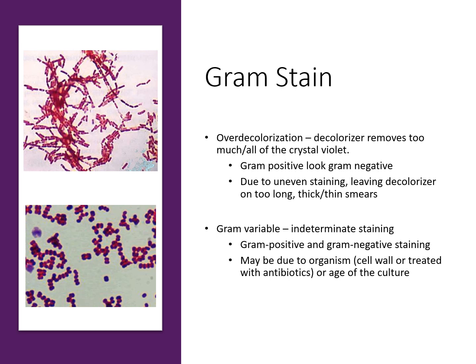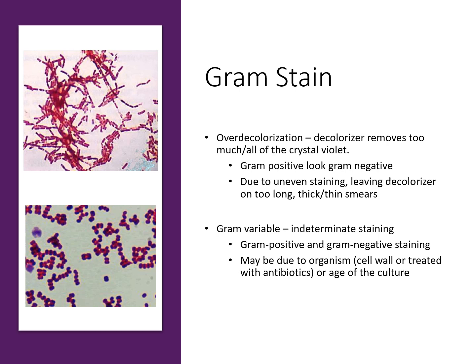With your gram variable bacteria, you have intermittent type staining, and so this would be where you have gram positive and gram negative. This can be due to the particular organism, where maybe it's got some sort of capsule or something around that cell, or it could be something like the patient's been treated with antibiotics, so the organism could be dying.